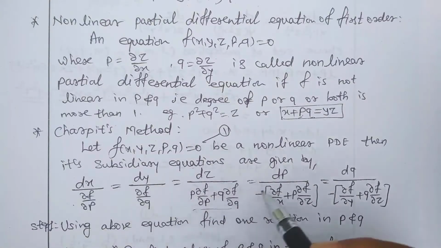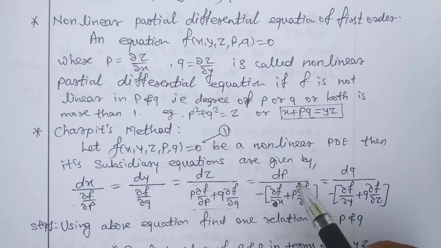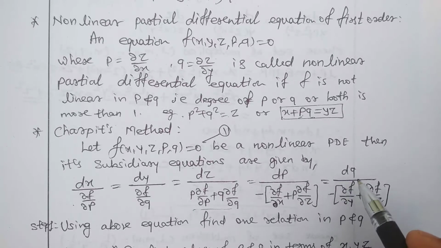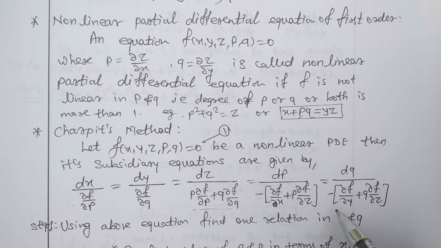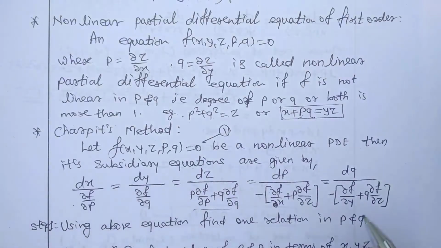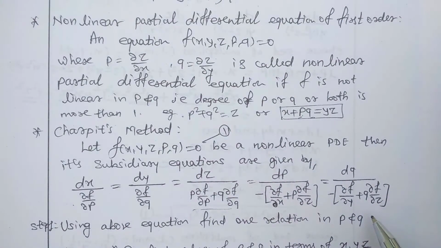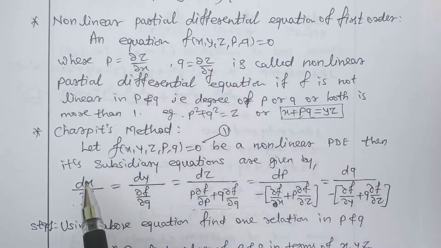This is equal to dp upon minus, inside the bracket, ∂f/∂x plus p into ∂f/∂z, equals dq upon minus, inside the bracket, ∂f/∂y plus q into ∂f/∂z. Once again, see this equation is very important for Charpit's method.